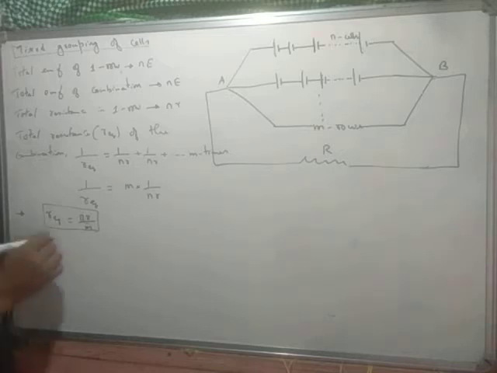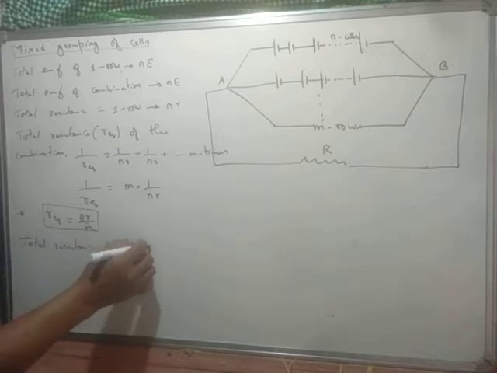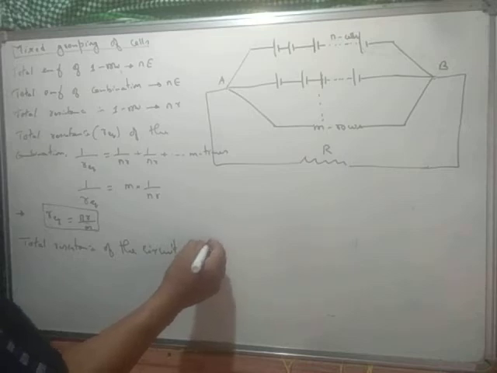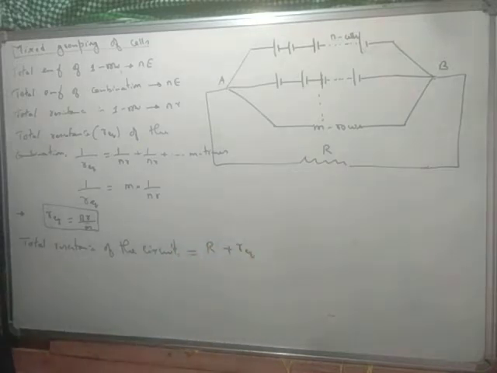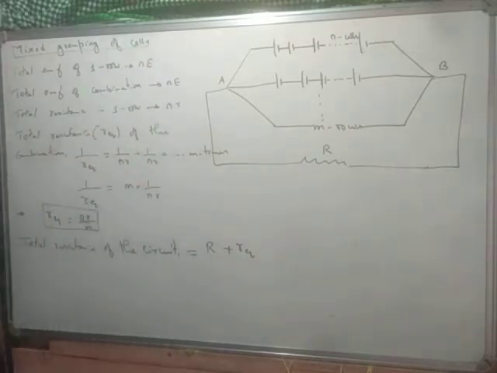Next, what is the total resistance of the circuit? The total resistance of the circuit is equal to capital R plus R equivalent. So now I have found everything: total EMF, total internal resistance, and total resistance of the circuit.